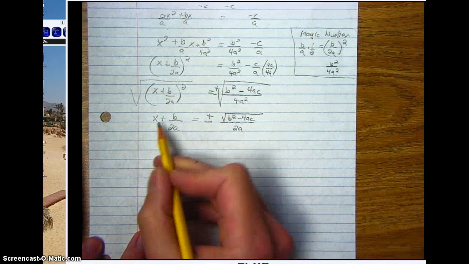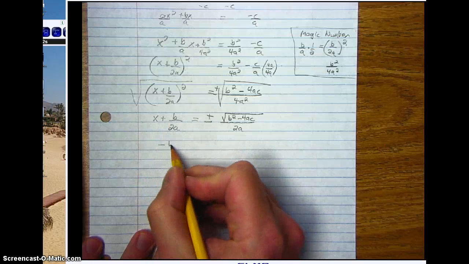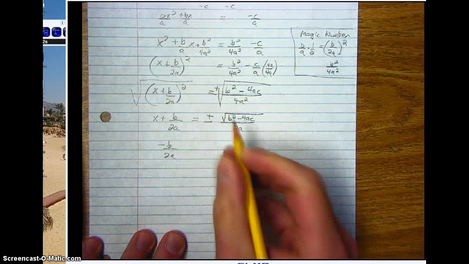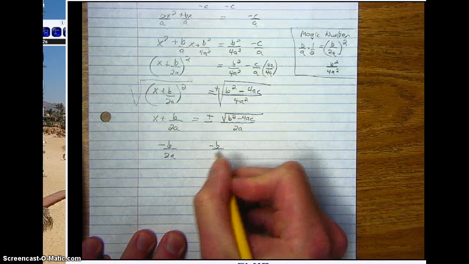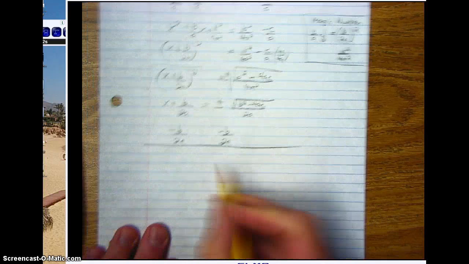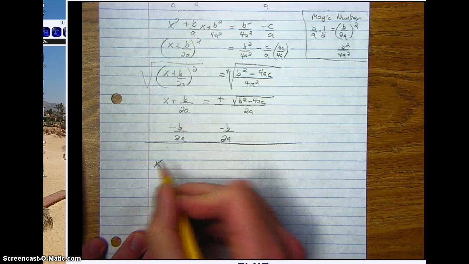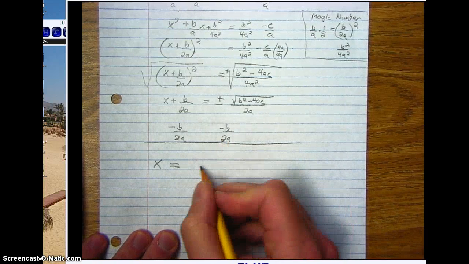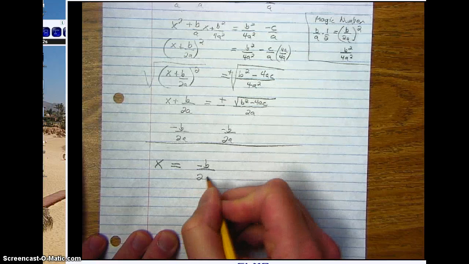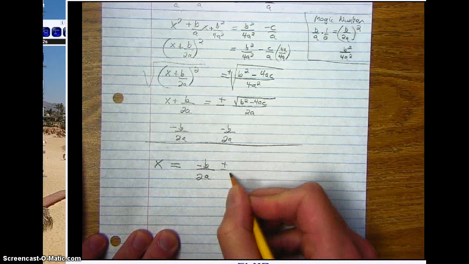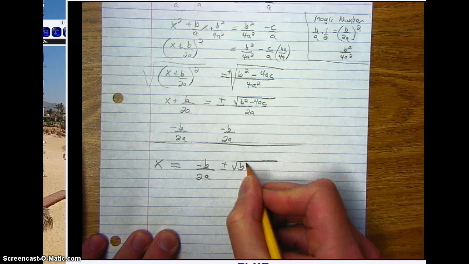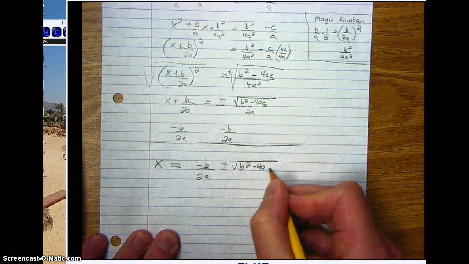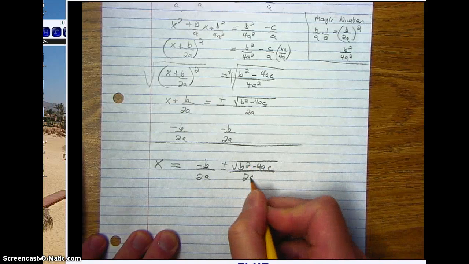Well, now I'm going to isolate x by subtracting b over 2a from both sides of the equation, which will leave me with x equals. Good start. We're almost at the quadratic formula. I'm going to write this, negative b over 2a plus or minus the square root of b squared minus 4ac all over 2a.